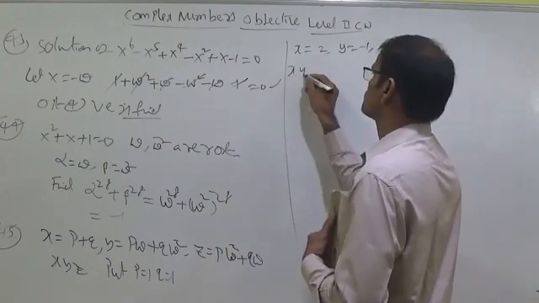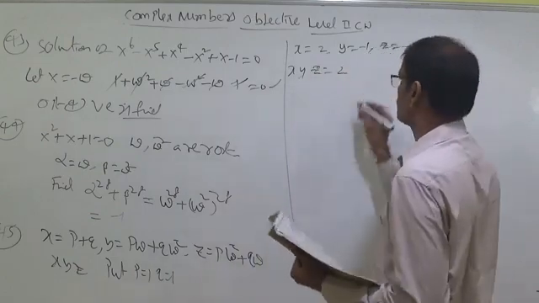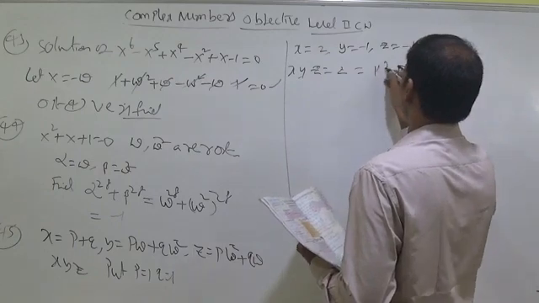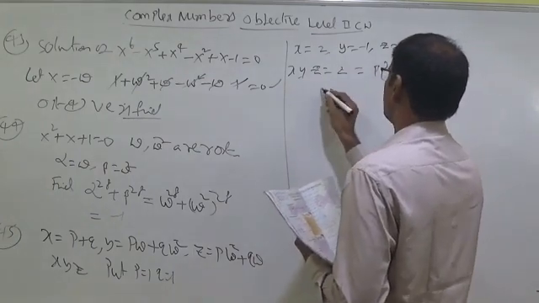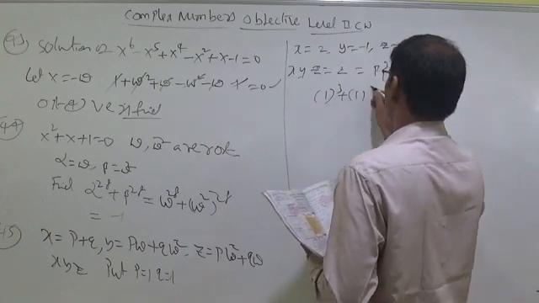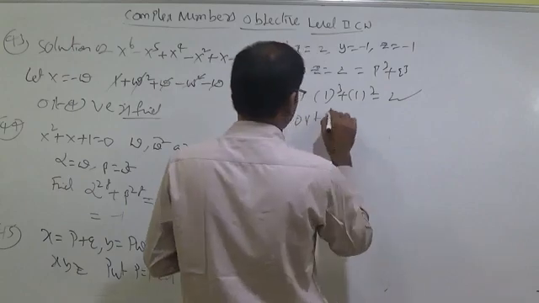Now xyz is equal to 2 into minus 1 into minus 1. So 2 here means p cube plus q cube. Verification of option 4: 1 cube plus 1 cube equal to 2. So verified, the fourth option.